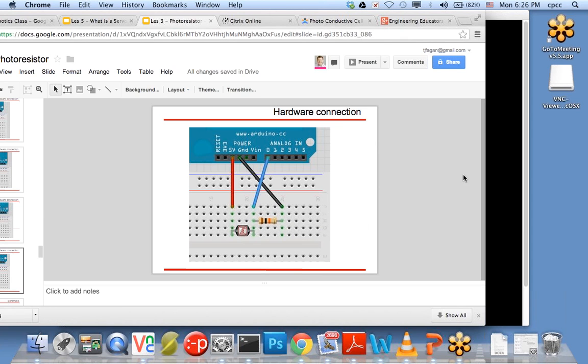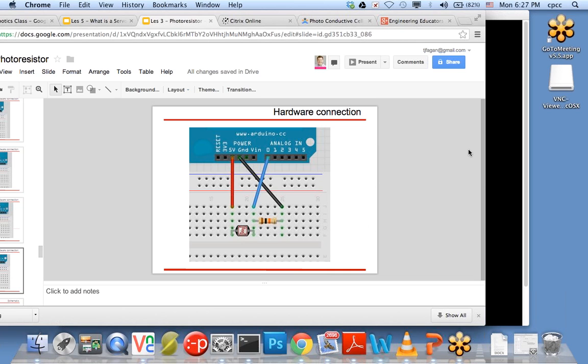So basically, in the schematic, you will see that the analog 0 is connected to one leg of the 10K ohm resistor and one leg of the photoresistor. And you also want to straddle that photoresistor to some other column on your breadboard. Then from there, you're going to close it out to the 5-volt power supply.